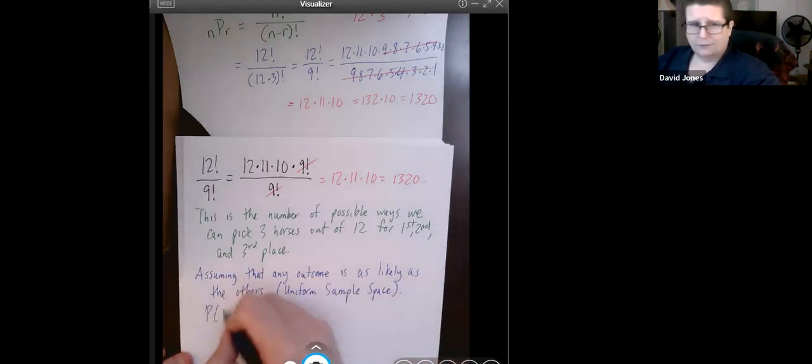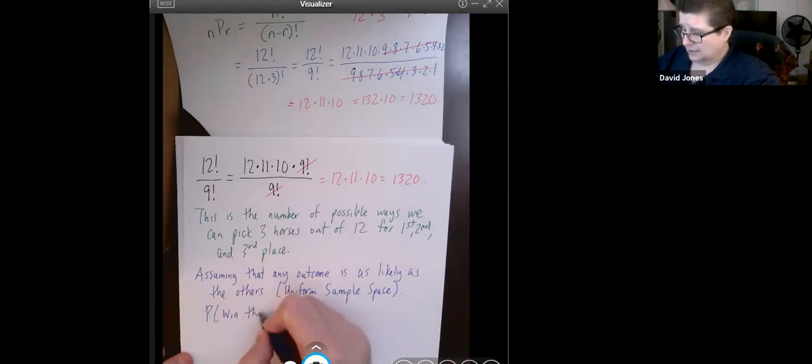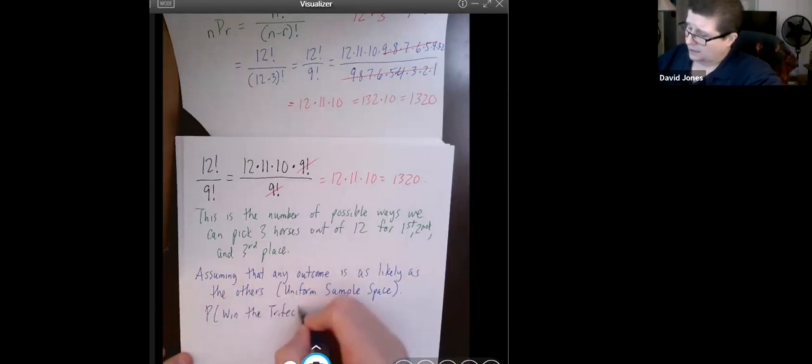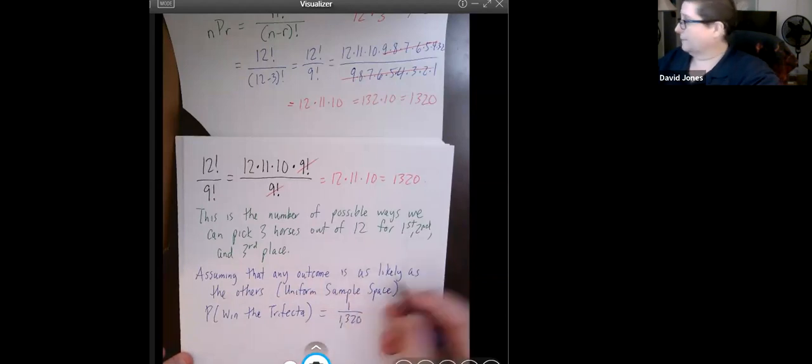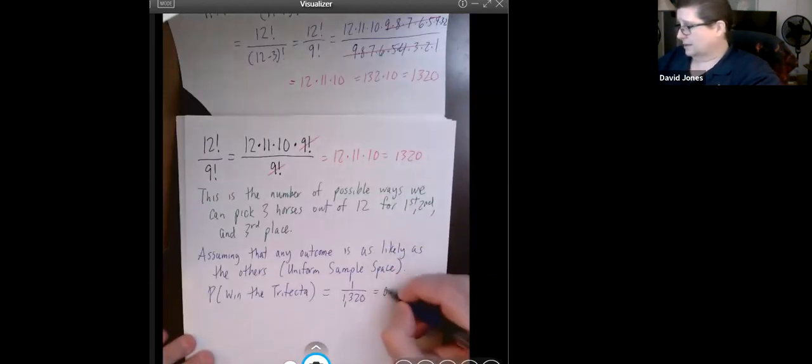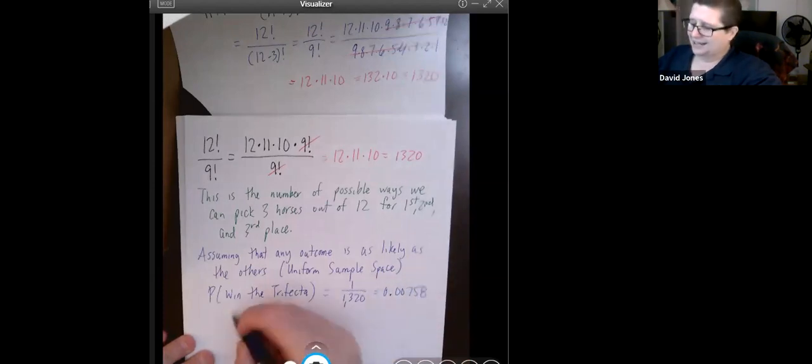The probability of winning the trifecta, there's only one winning ticket out of 1,320. 0.00758. This is a highly unusual event.